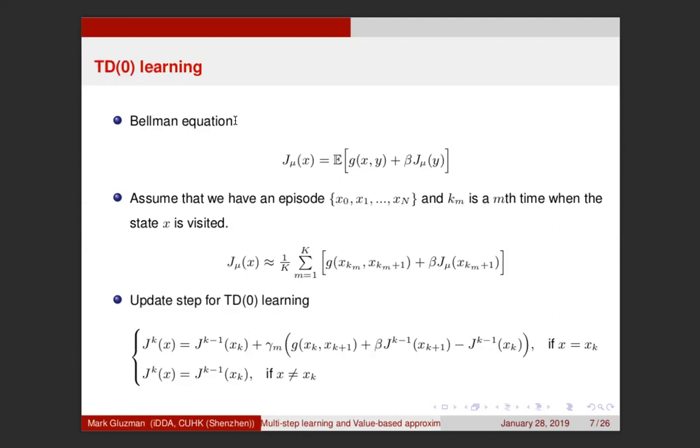So this is an intuitive explanation of TD0. Last time it was more rigorously explained how we can get TD0 learning. So basically, in this case, we update the value function, or the estimation of the value function, not only for one initial state, but for each state.